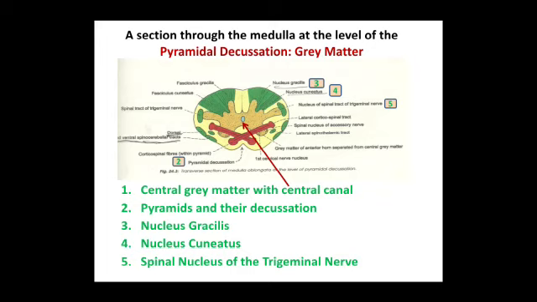Lateral to it is the nucleus cuneatus, and apart from that you can also see laterally is the spinal nucleus of the trigeminal nerve.